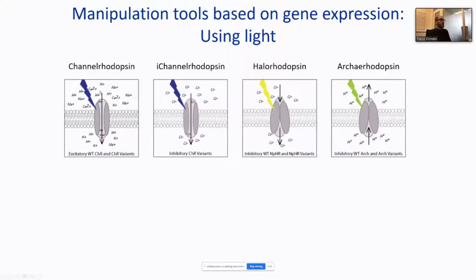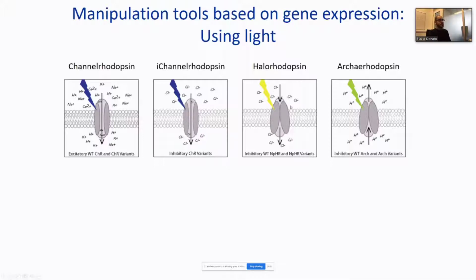We talk about channelrhodopsin to define a protein whose activation by blue light, which is around 450 nanometers in wavelength, makes the membrane permeable and depolarizes the cell. An inhibitory channelrhodopsin instead has the opposite effect, same wavelength of light, but hyperpolarization as the effect.